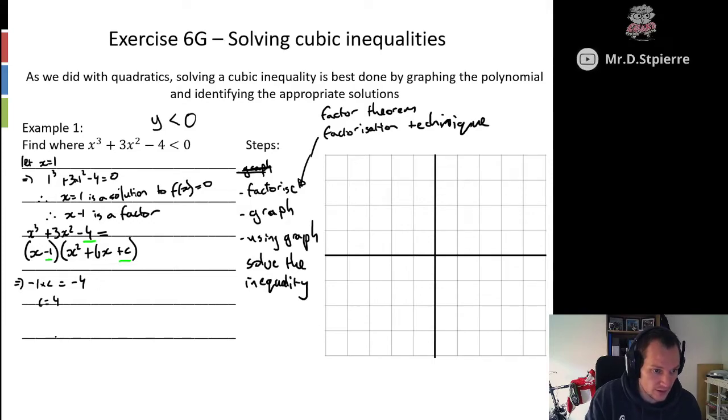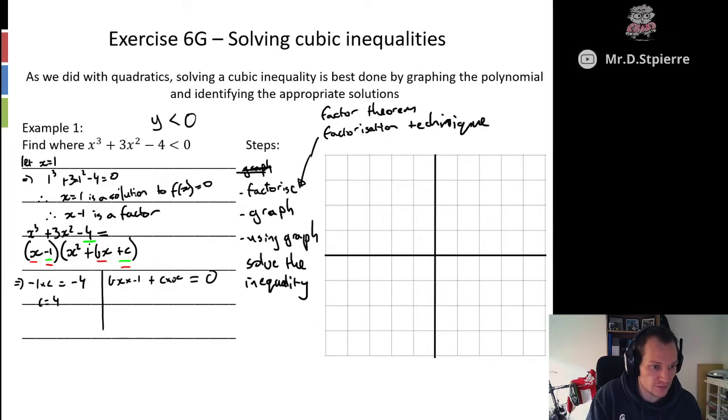We also know that if we do bx times negative 1, and also c times the x, that is going to be equal to the x terms, because x times c gives me cx.